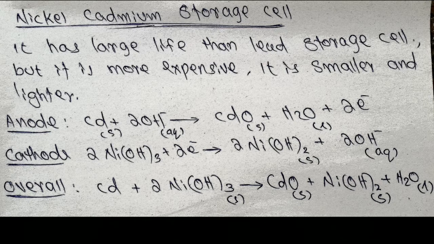Compared to the lead storage battery, the nickel cadmium battery has a small size, and also it is lighter. It is small and lighter, so it is easily portable. And also it has a long life, it lasts longer compared to the lead storage battery.